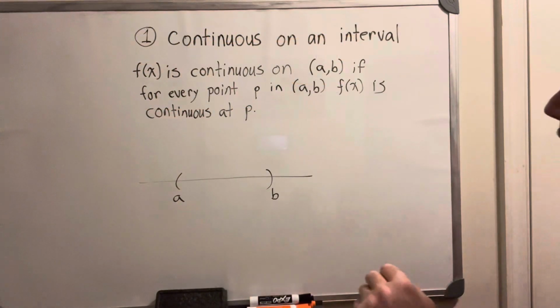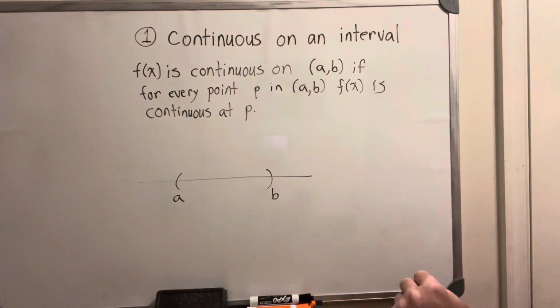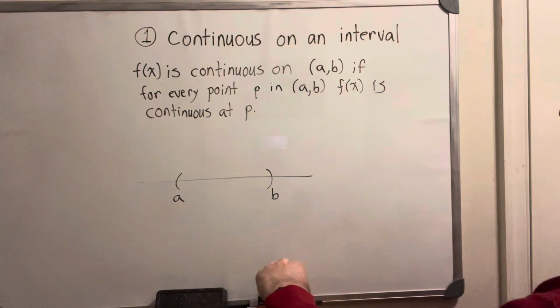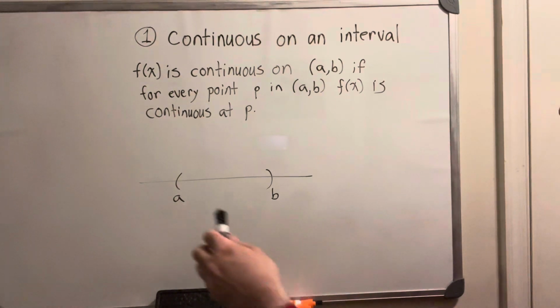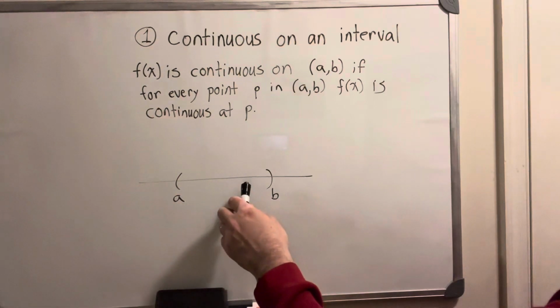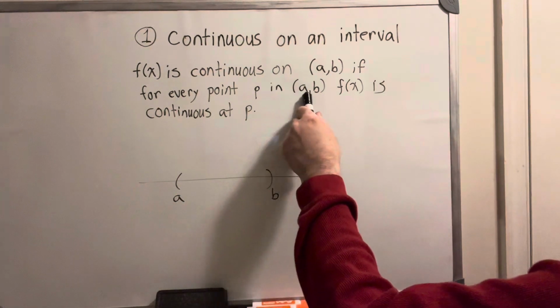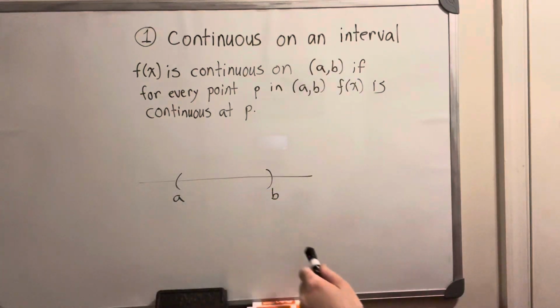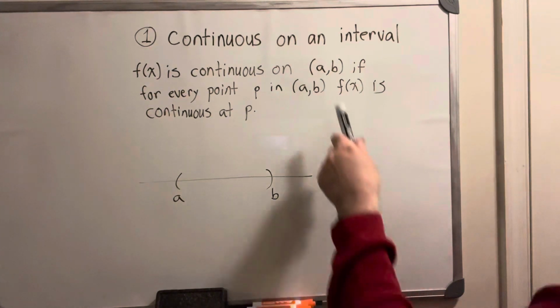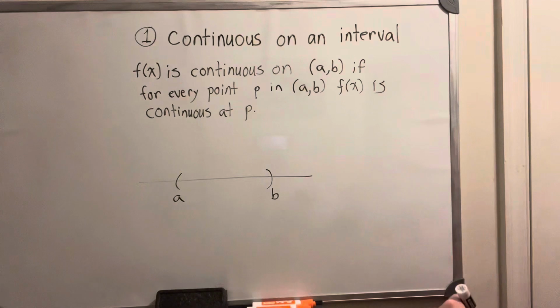So here's continuous on an interval. f of x is continuous on an interval (a, b) if for every point p in (a, b). Look here with these curved parentheses: since they didn't specifically say a closed interval, I just assumed that they meant open intervals.